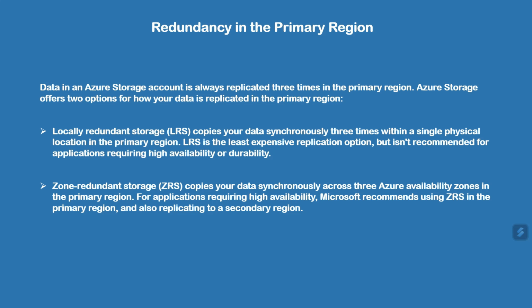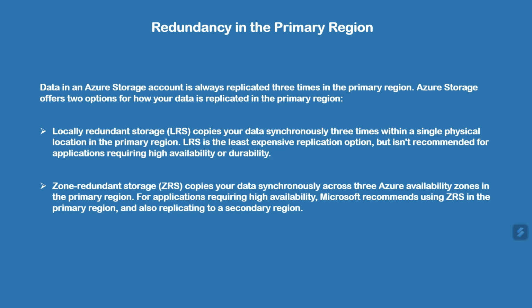What LRS, that is locally redundant storage, does is that it synchronously replicates your data three times inside the storage account within a single physical location in the primary region. It is the least expensive option, but you can't ensure the highest availability or durability through it.